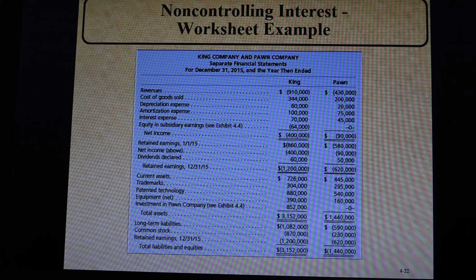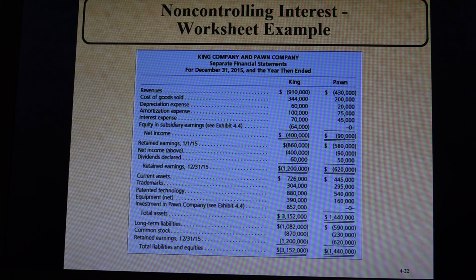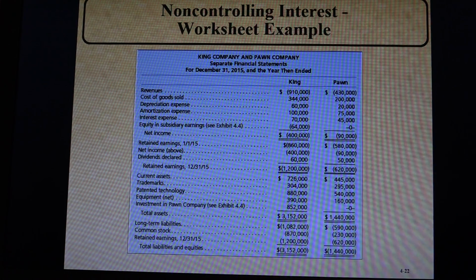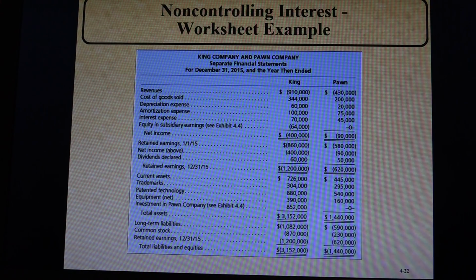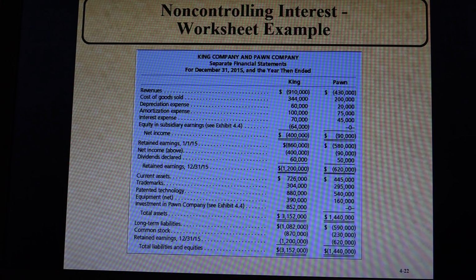All right? So, note in your consolidated worksheet and the consolidation entries that you have, the SAIDE. They're the same entries with a few twists.